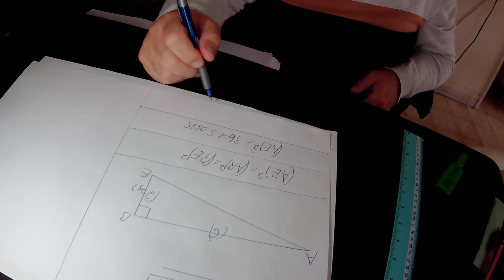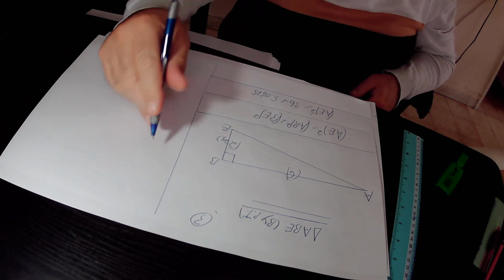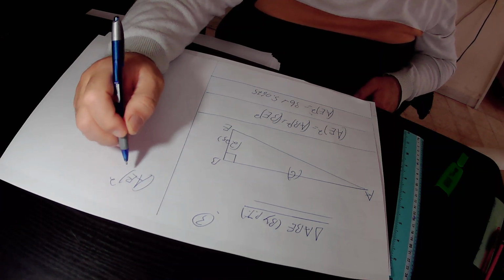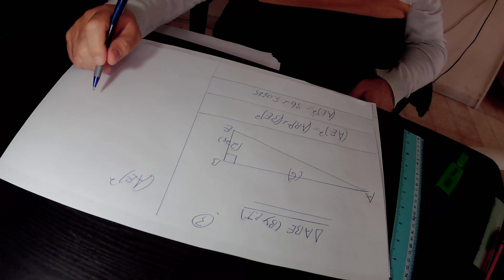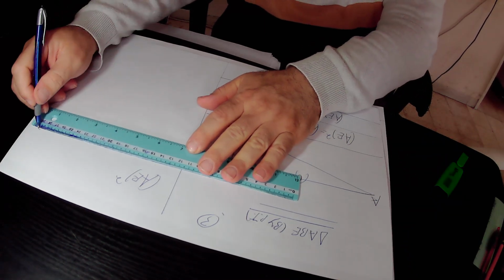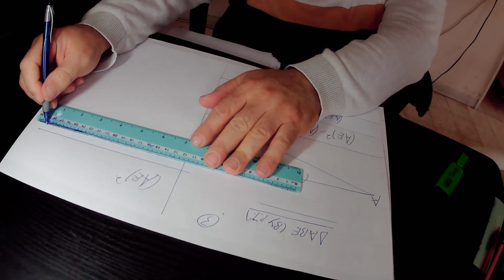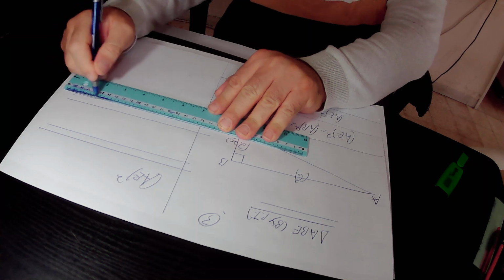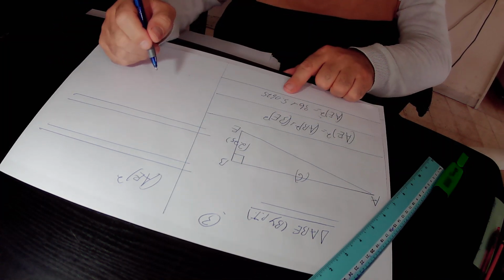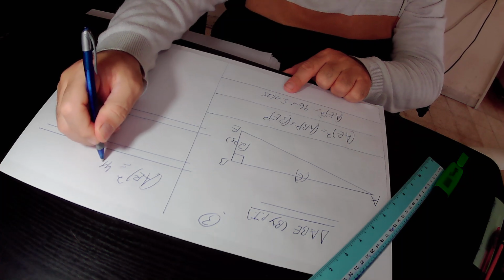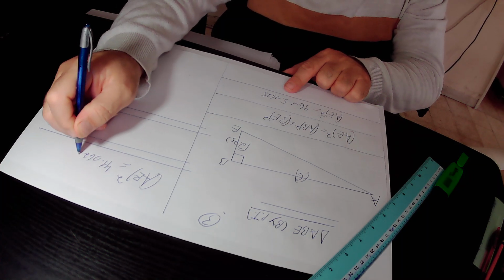So in total, we should find that AE squared equals 36 plus 5.0625, which equals 41.0625.